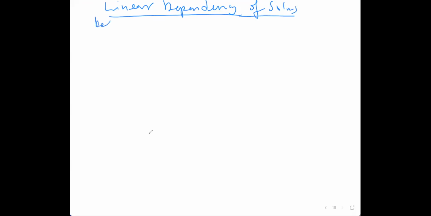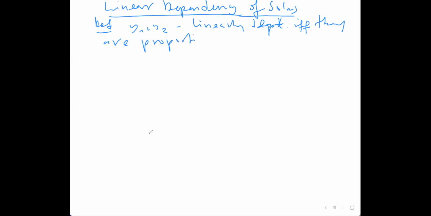The definition: if we have two functions y1, y2, we say they are linearly dependent if and only if they are proportional.